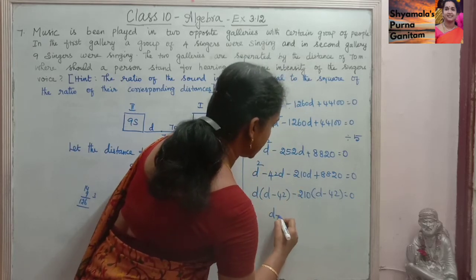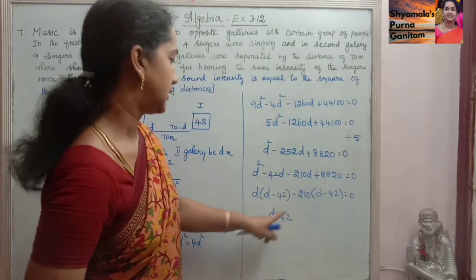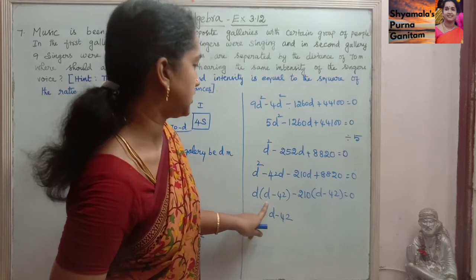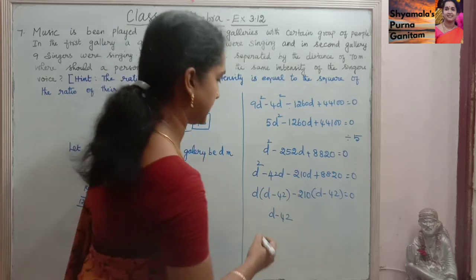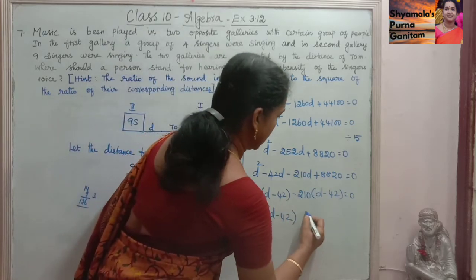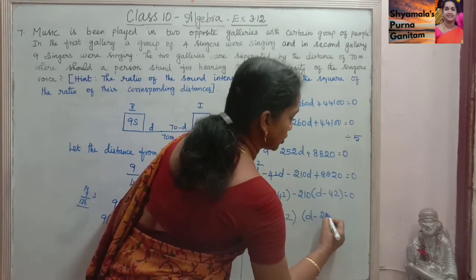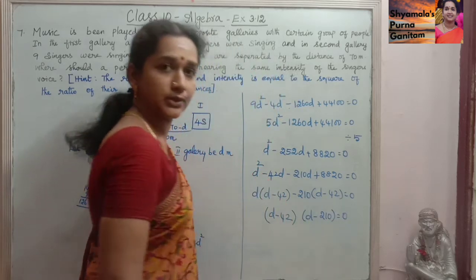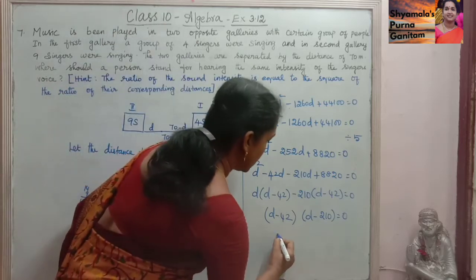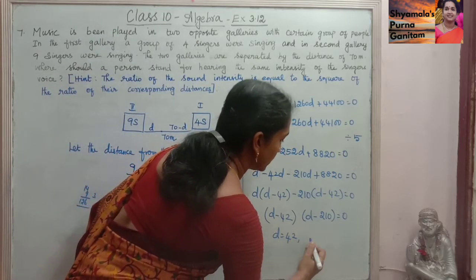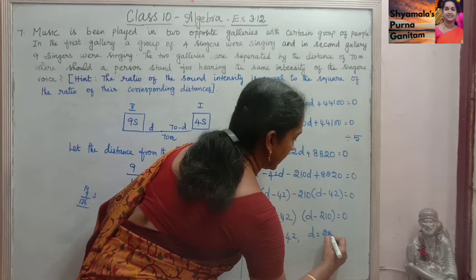So one factor is d minus 42, this is minus into minus plus, and the other one is d minus 210 is equal to 0. So now d is equal to 42 and the other one is 210.